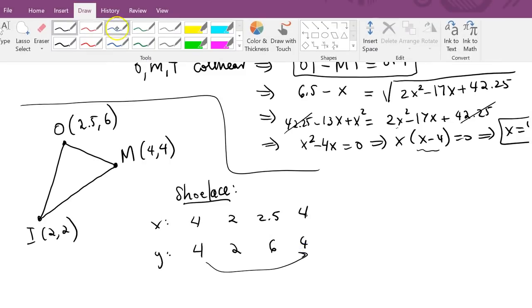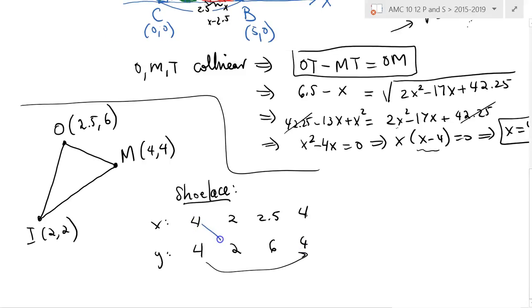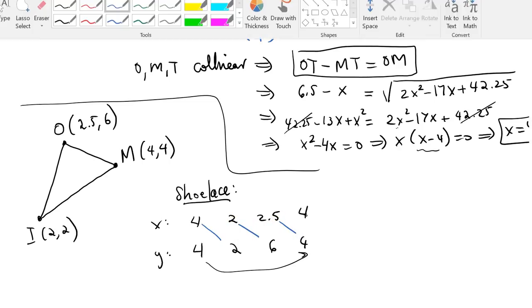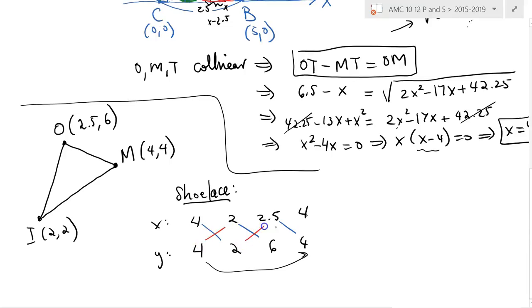If you all remember, we multiply these two and then add the product here and this product, and then we simply subtract these products. Does that make sense? So let's quickly do that. The area of our triangle OMI would be equal to, the shoelace formula comes with a 1/2, if you remember. So 1/2, and don't forget to keep the absolute value as well.